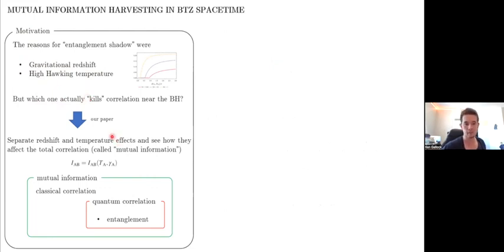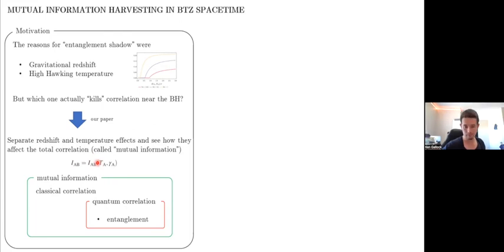To see this, we looked at mutual information, the total correlation, including classical and quantum correlations. We looked at the effect of Hawking temperature and redshift by writing mutual information as a function of them, and seeing how mutual information gets killed.